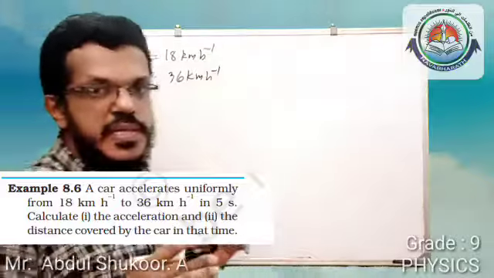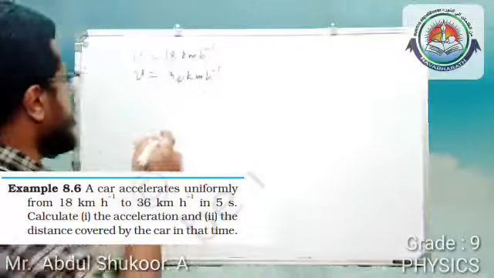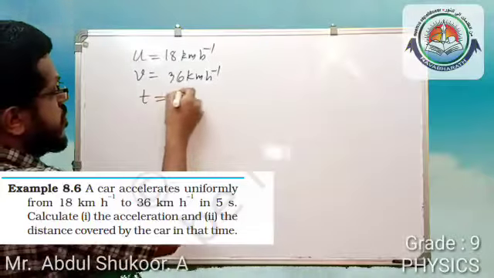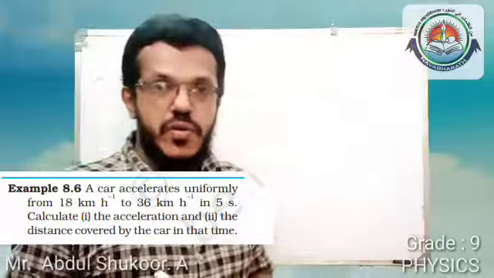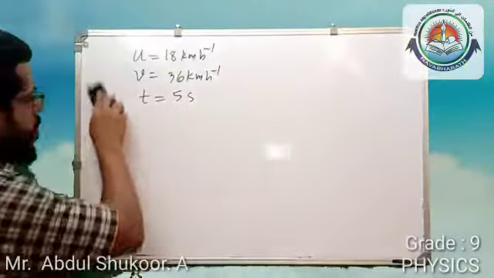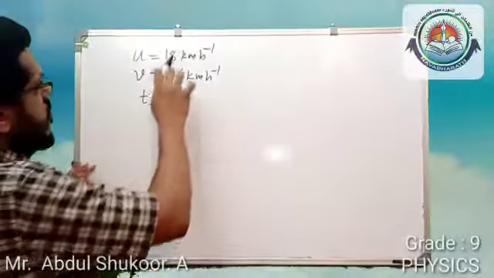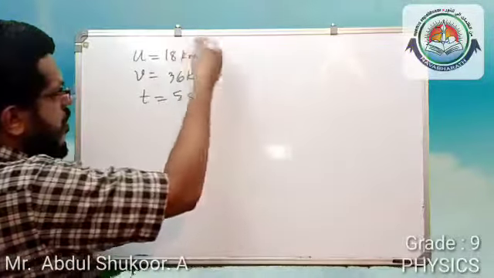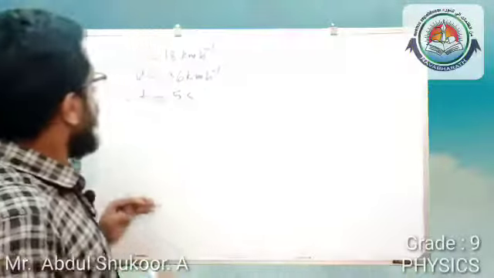And the time taken for this change of velocity is given, t is 5 seconds. First we want to find the acceleration of this car. How can we find acceleration? Before that, we want to change kilometer per hour into meter per second, the SI unit of velocity.